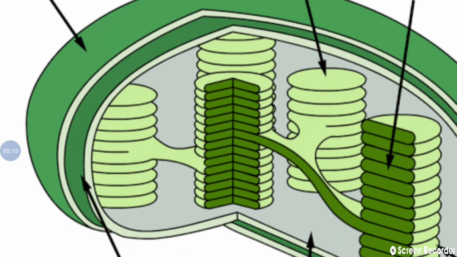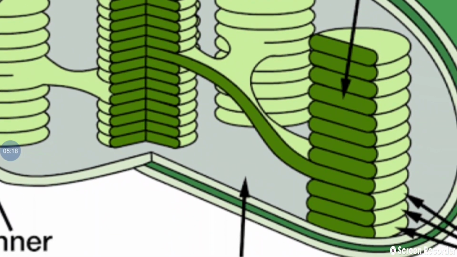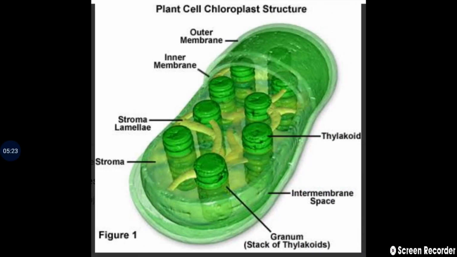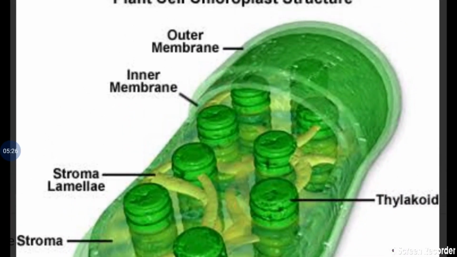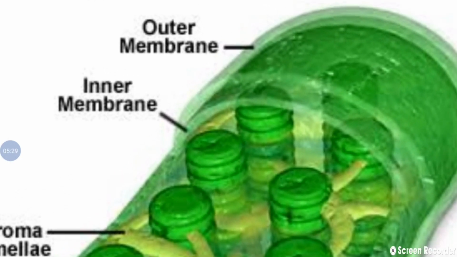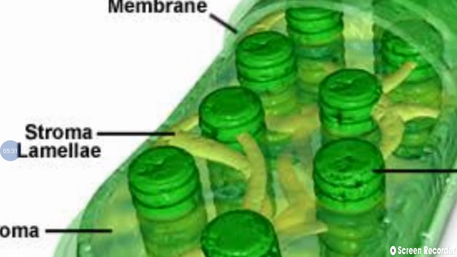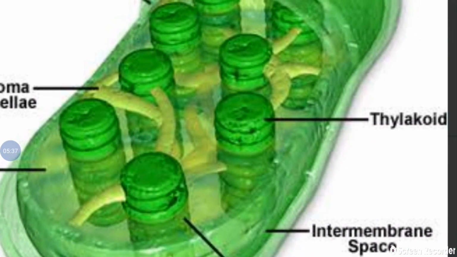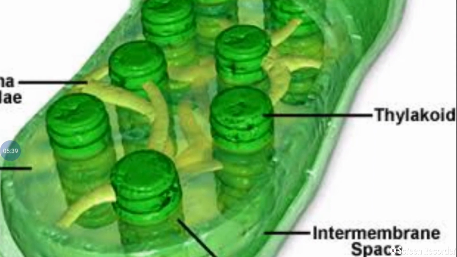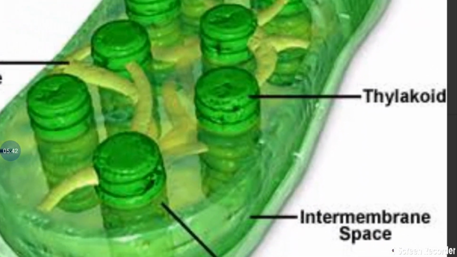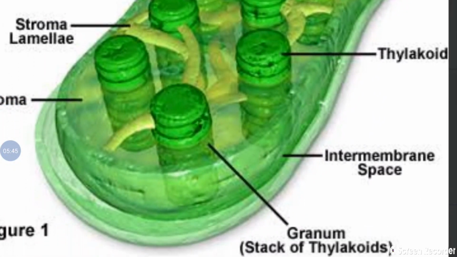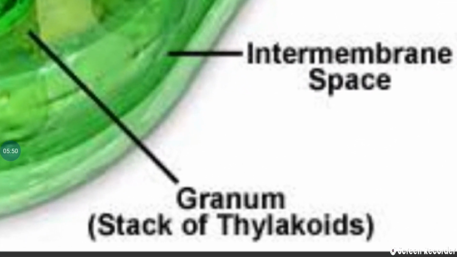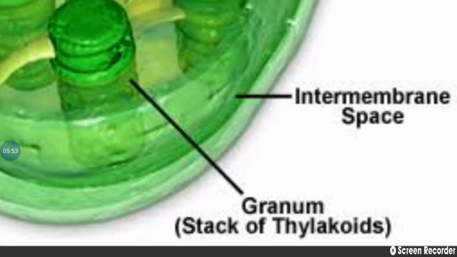Granum are connected by stroma lamellae. Let you observe here: the outer membrane, the second inner membrane. Now, thylakoids are distributed in the stroma. In certain areas, the thylakoids are piled up one on another, called stacks. The stacks of thylakoids are called granum.